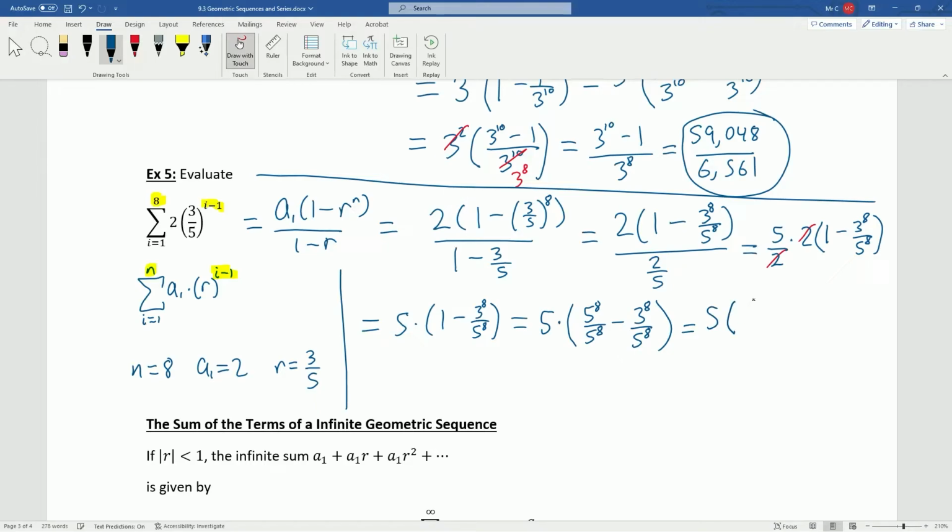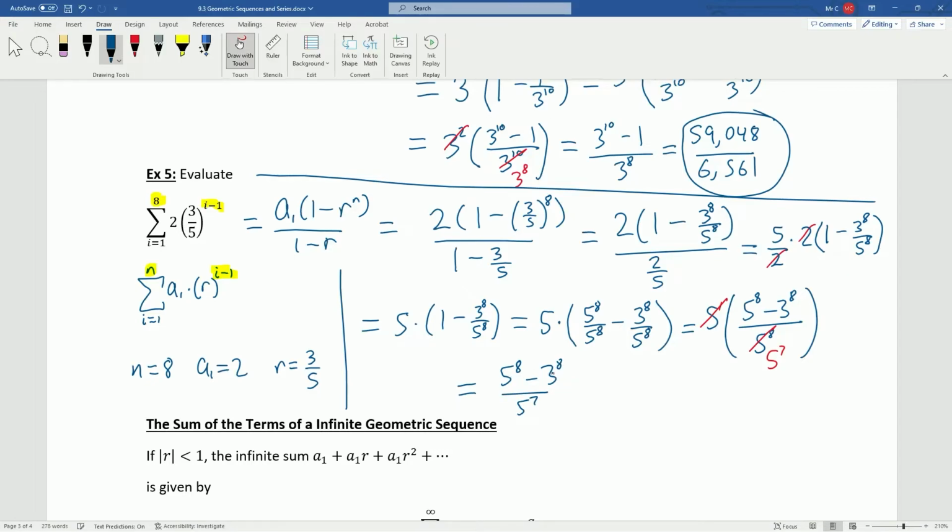That becomes 5 times 5 to the 8th minus 3 to the 8th, all over 5 to the 8th power. And so now I see I've got this 5 to the first power over here over 5 to the 8th power. So I can simplify that denominator down to 5 to the 7th. So this gives me 5 to the 8th minus 3 to the 8th over 5 to the 7th.